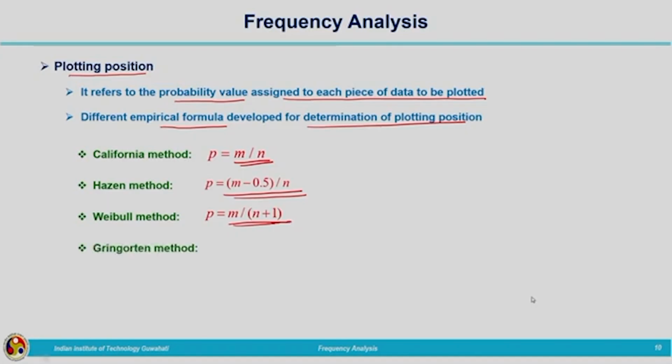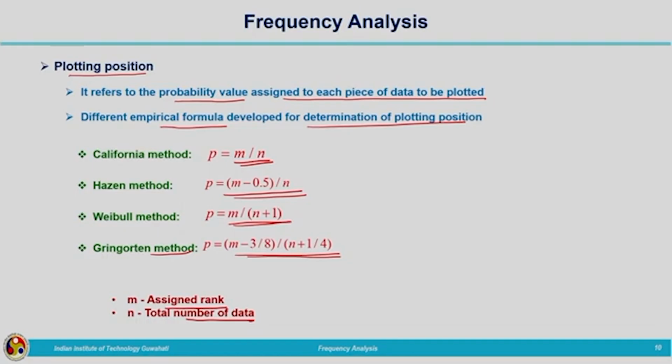Then the next one is the Gringorten method, that is given by P is equal to (m minus 3/8) divided by (n plus 1/4), that is n plus 0.25. M is the assigned rank and n is the total number of data, as we have seen with Weibull's method.